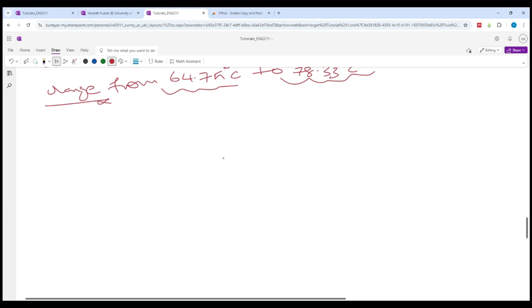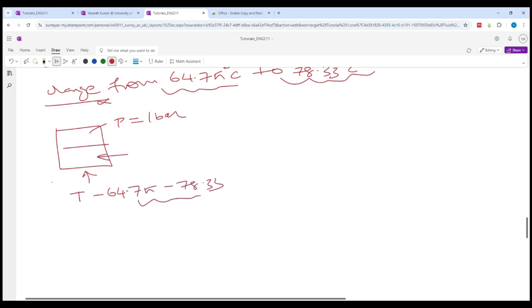Yeah, so let's do this one by one. What I ask you to calculate is, if you have the system, something like that, I put P should be 1 bar, and T should range from 64.75 to 78.33, and within this range, what's the XA and what's the YA here?